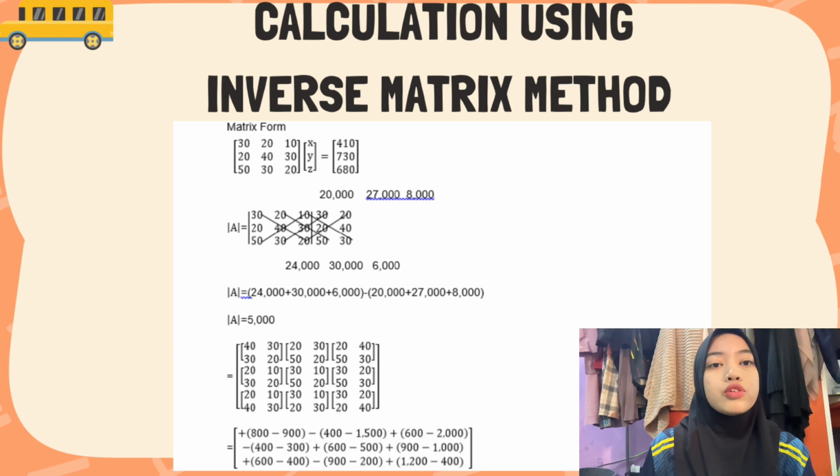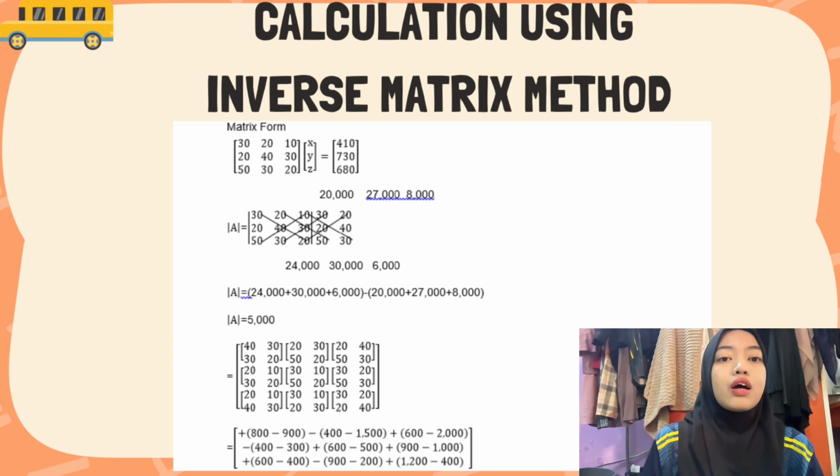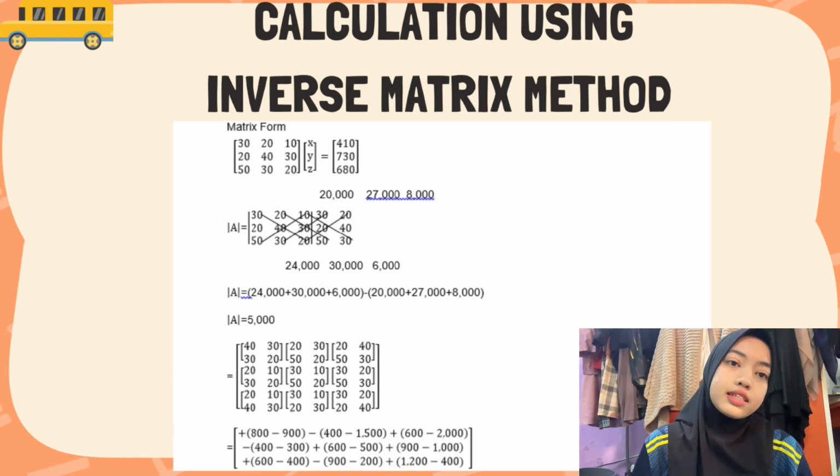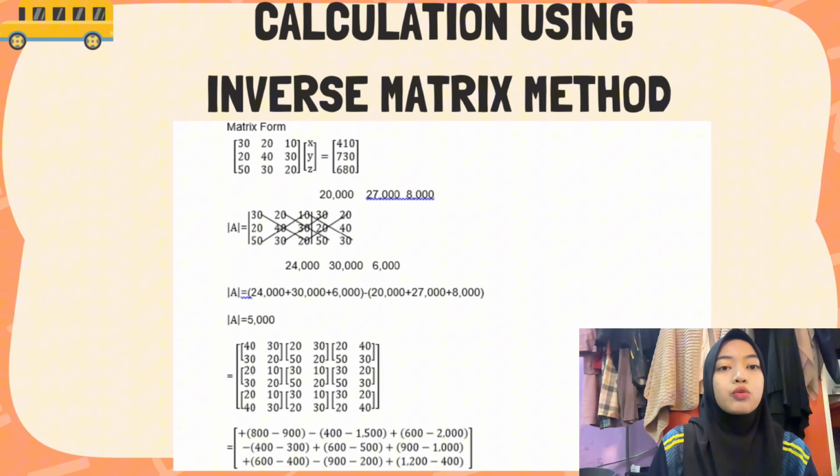To do this, we use the cross multiplication method, which means we multiply the numbers diagonally and subtract the results. After doing all the multiplication and subtraction, we find that the determinant is 5,000. This value is quite important because if the determinant is not 0, it means the matrix has an inverse and we can continue solving the system.